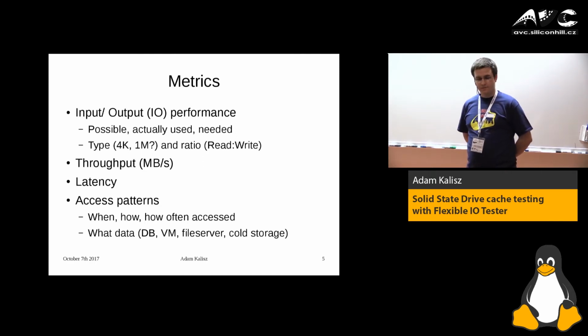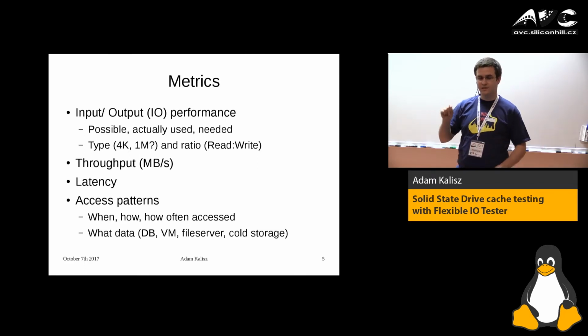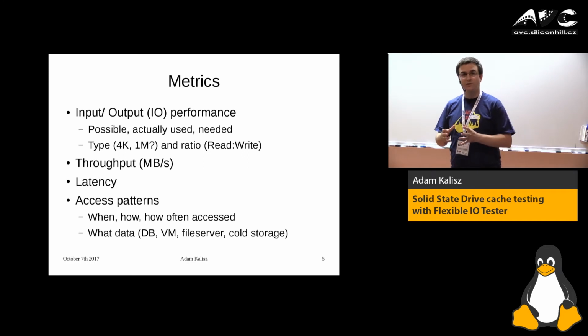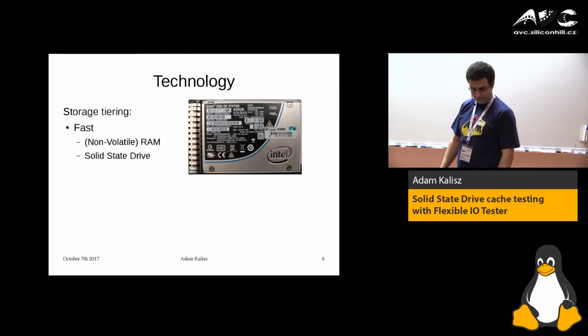And the problem was nobody knows what documents are how frequently used from this storage. And this is very important because that's the essence of being able to cache anything at all. So maybe you can talk to me afterwards about those metrics if you really plan on implementing this.